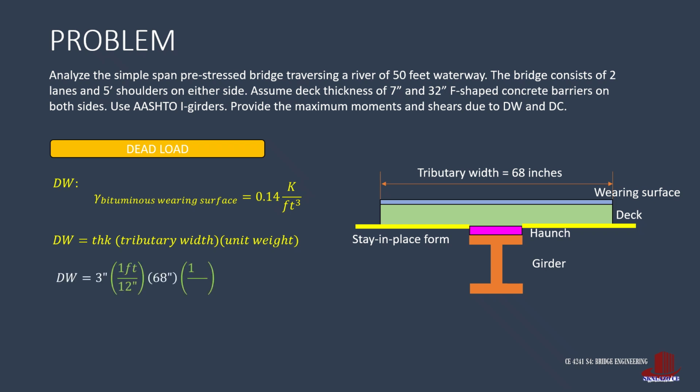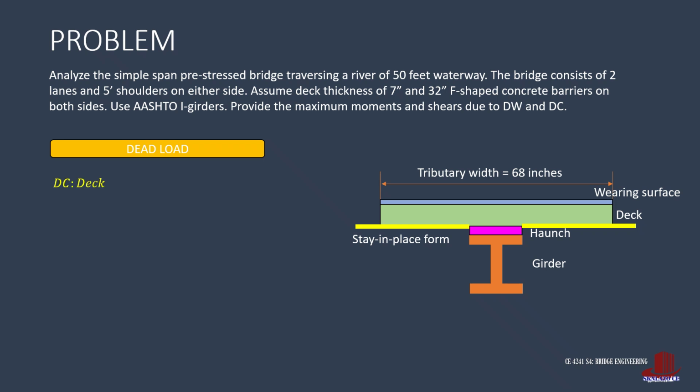In numerics, DW is 3 inches converted to feet times the tributary of 68 inches, also converted into feet, then multiply the unit weight of 0.14 kip per cubic feet. DW is simplified as 0.1983 kip per foot.